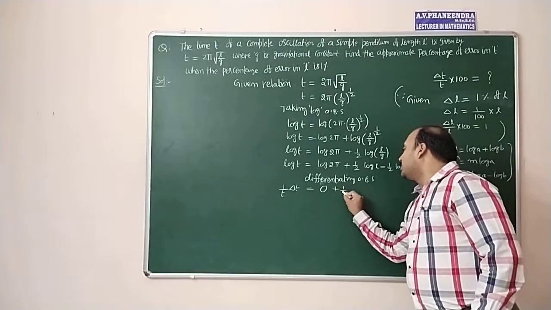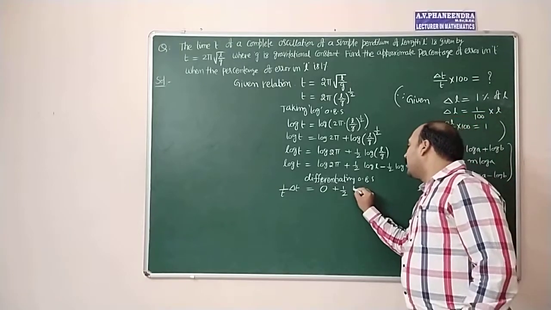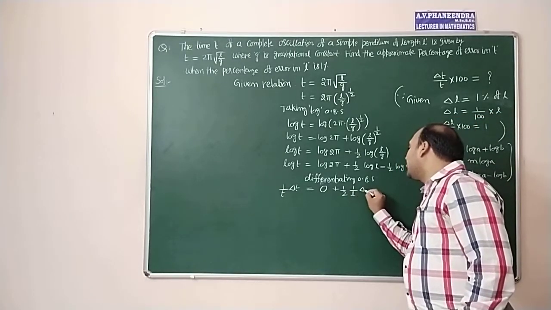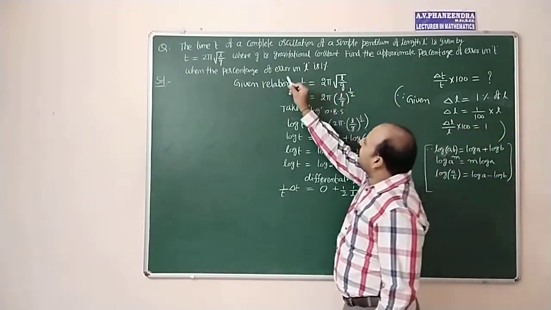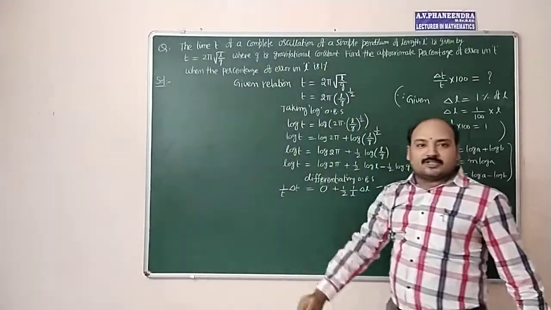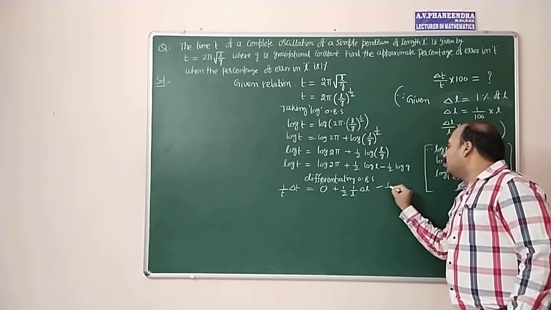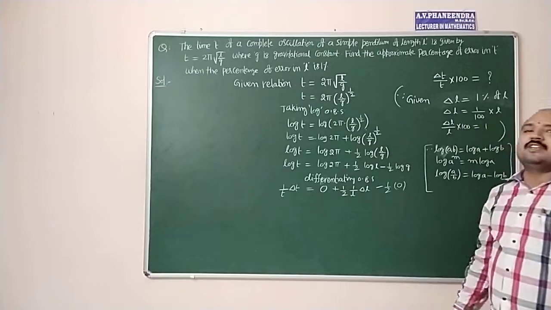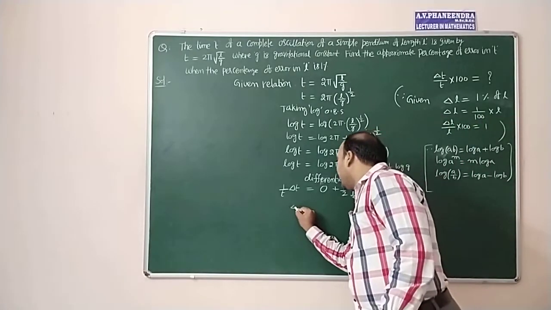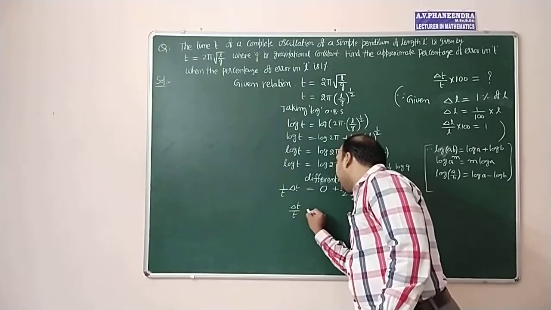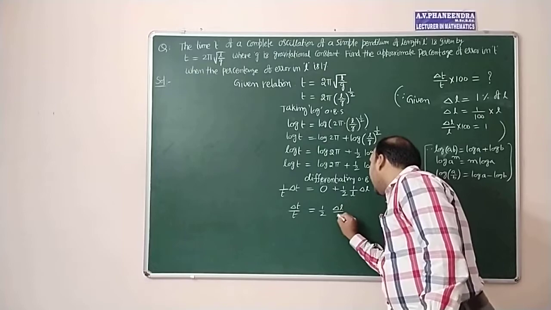Plus half into log L, whose derivative is 1/L times ΔL. Minus, here they mentioned G is a gravitational constant, and the derivative of a constant is 0. So half into 1/G into ΔG is 0, and 0 into anything is 0. So we got ΔT/T is equal to half into ΔL/L.